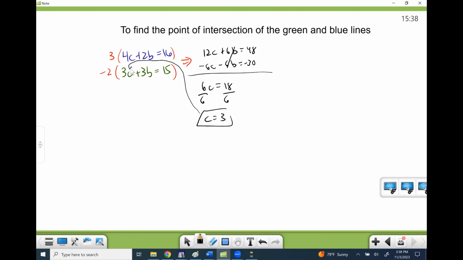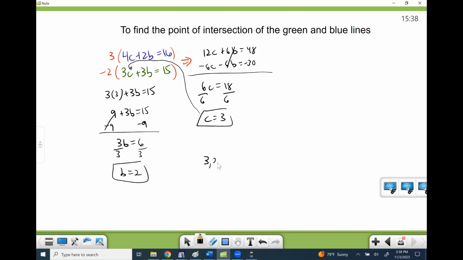Doesn't matter. Let's say we plug it into that one. 3 times 3 plus 3b equals 15. 9 plus 3b equals 15. 3b equals 6. 6 divided by 3 is 2. So you end up with that ordered pair of 3, 2.